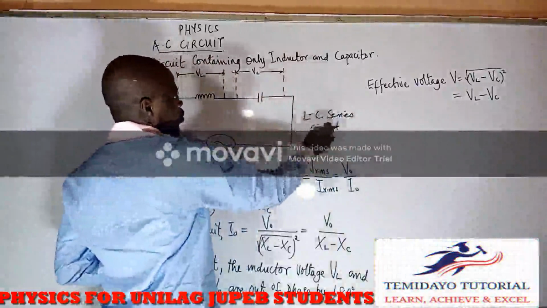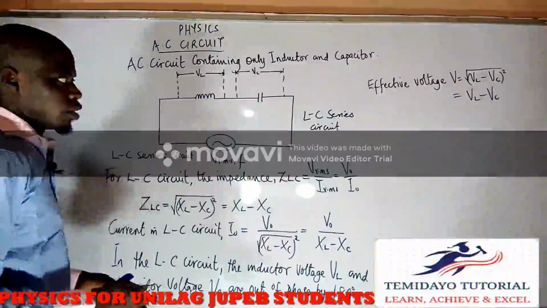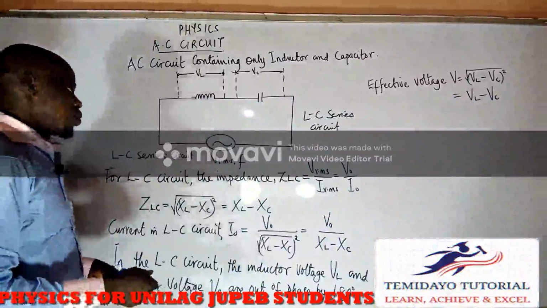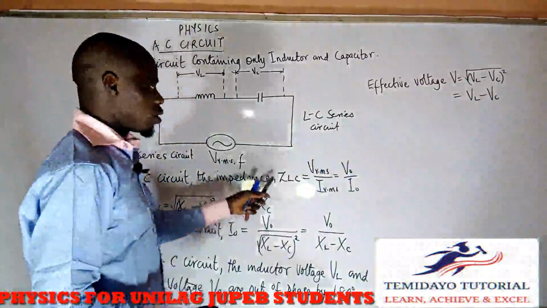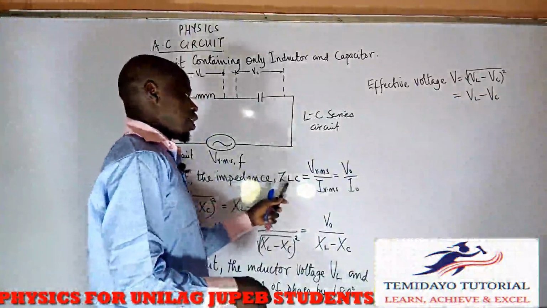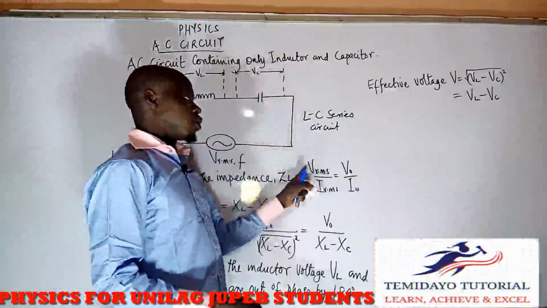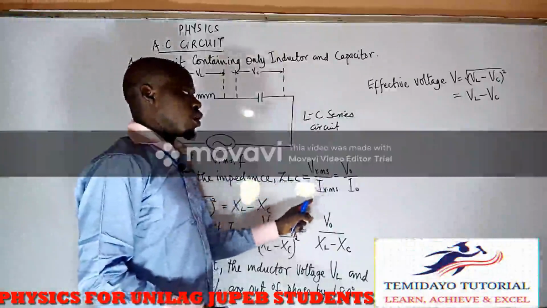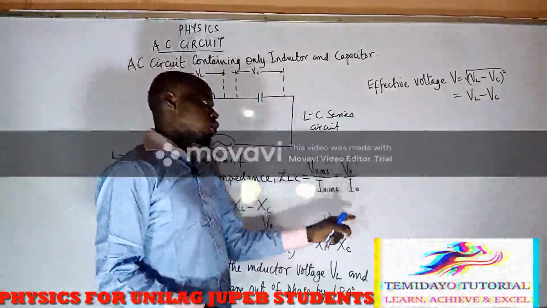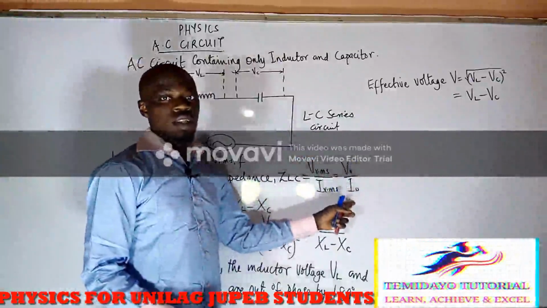Inductor capacitor series circuit. In an inductor capacitor series circuit, the impedance, Z_LC, is the same thing as the RMS voltage over the RMS current, and that is the peak voltage over the peak current, as you can see here.